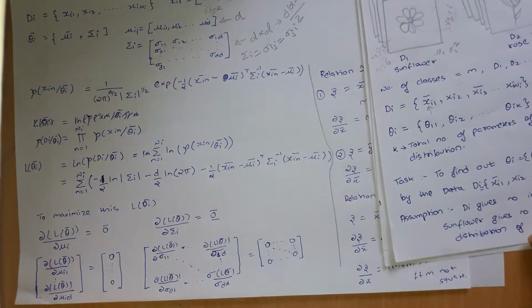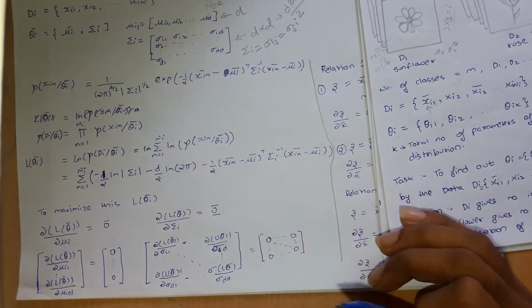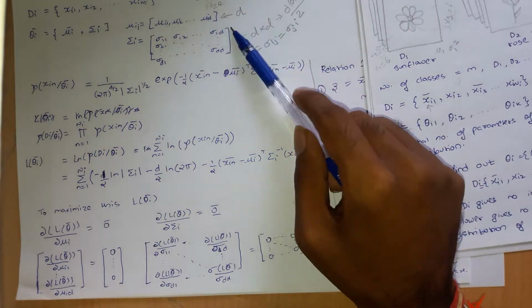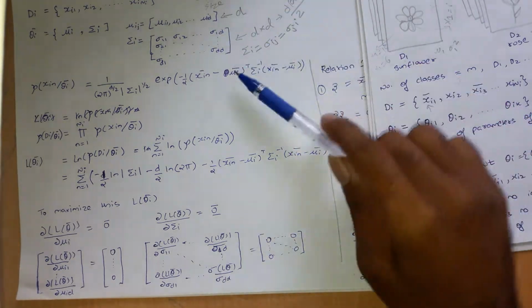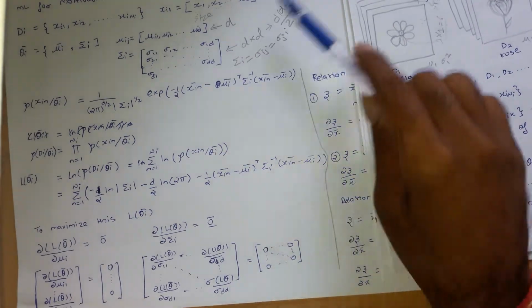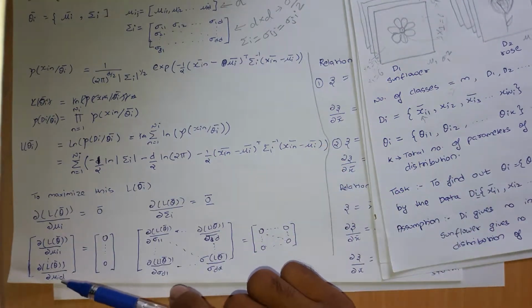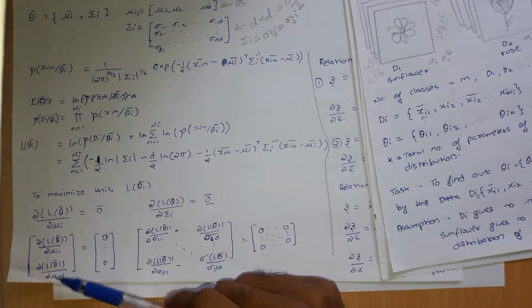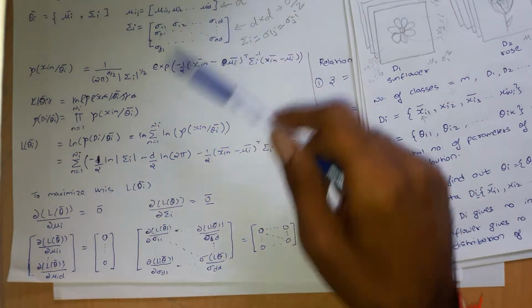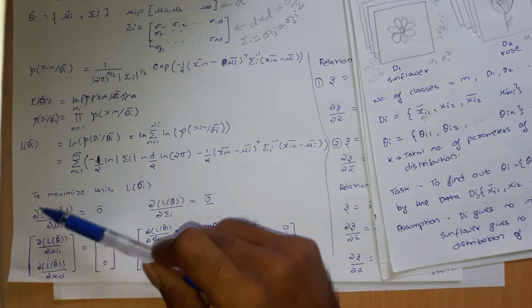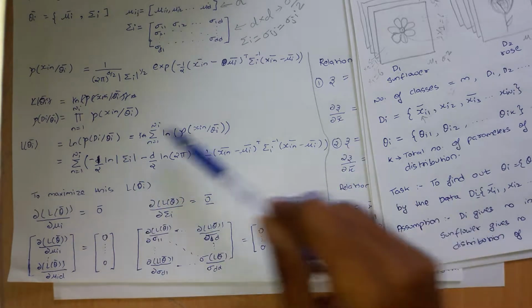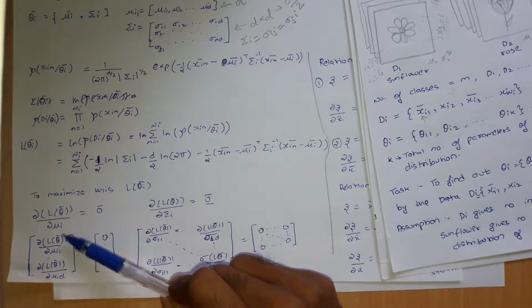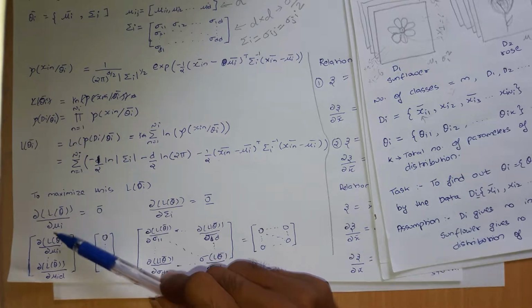Here, because we have so many parameters, we have d means and d into d minus 1 by 2 covariances. We have a mean vector, so we are differentiating this whole term by a vector, that is d mu_i.